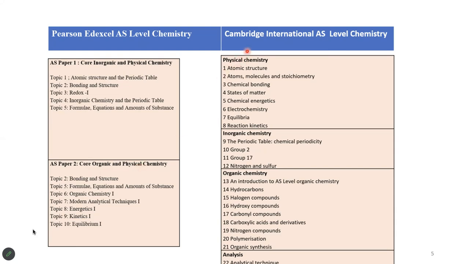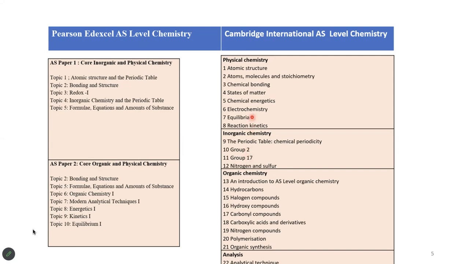If we go to Cambridge International, we could say that atomic structure, atoms, molecules, stoichiometry, chemical bonding, and states of matter, these we have touched here. In the inorganic syllabus, we have touched all of this by the 19th lecture and the 20th lecture today.